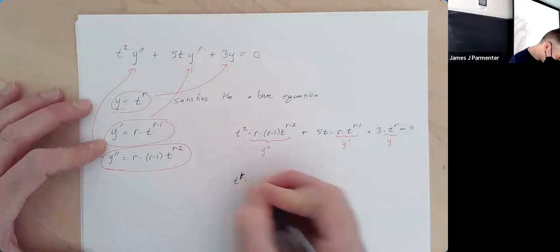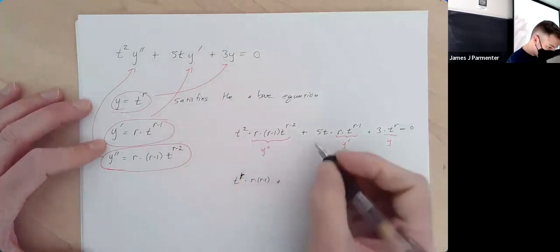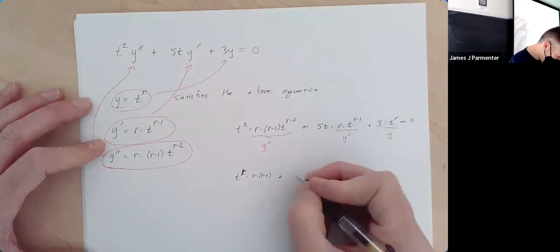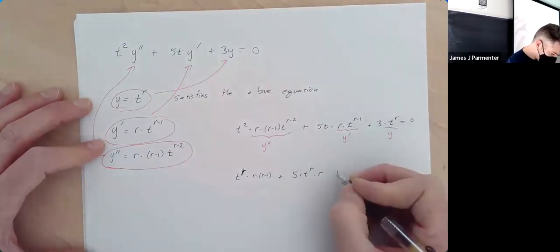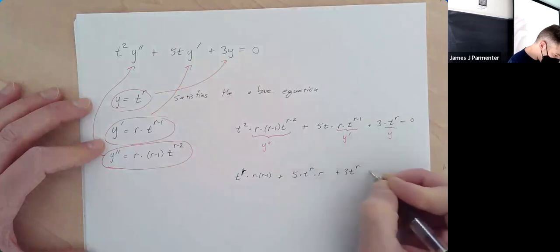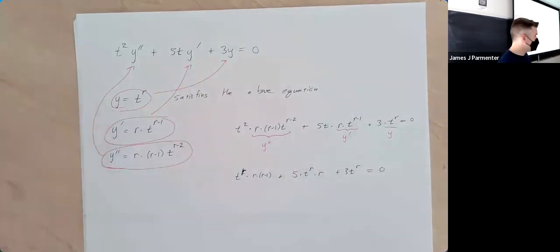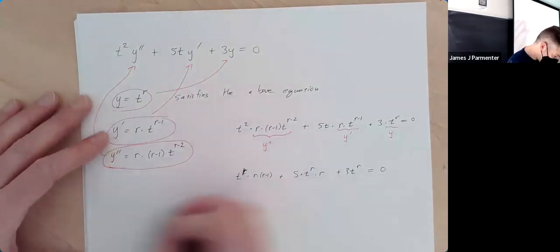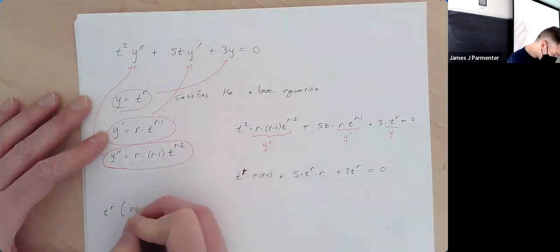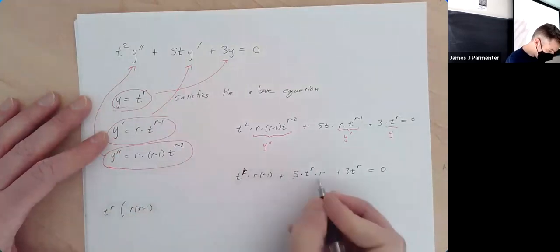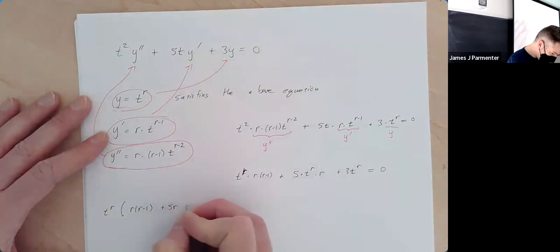So t to the r times r times r minus 1, plus 5 times t to the r times r, and then finally plus 3t to the r. And now I should do the sensible thing and factor out t to the r. If I factor out the t to the r, I'm left with r times r minus 1, 5 times r, and a 3.